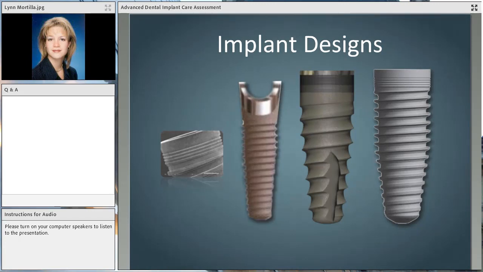If we look at the designs from an assessment and maintenance phase, let's assume this implant has been placed, it's been well integrated, it's been restored well, and we're going to start to look now at the implant designs. If you notice on the 4 pictures you see here, I want you to look at the very top of the implant. That implant design and that crestal design has a lot to do with how the bone grows up to the top of that implant.